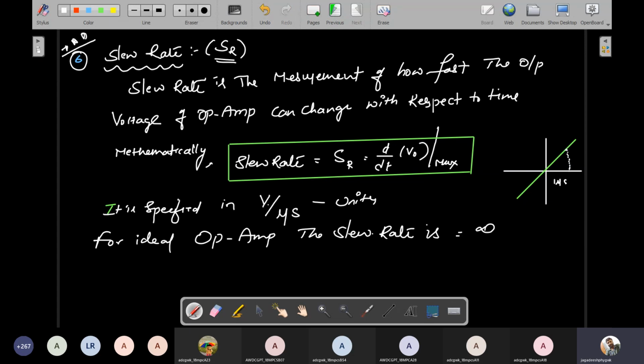And suppose you change this voltage at 1 microsecond by 0.5 volts. So how can you find out your slew rate? The change in output voltage with respect to this time. Okay, so you can measure that, that is the slew rate of your operational amplifier.